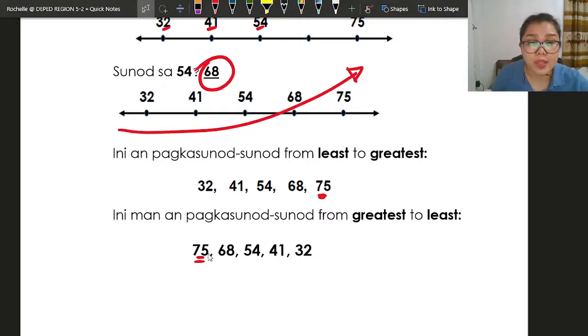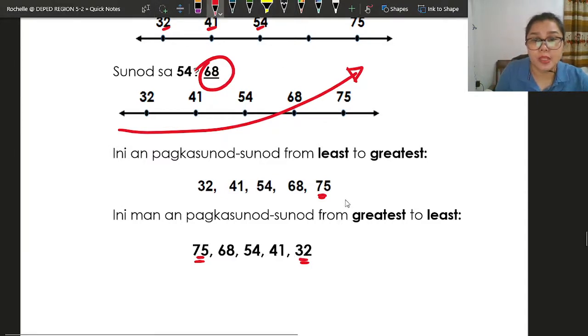So, 75, 68, 54, 41, 32. So, this time, 32 naman ang nasa hulihan kasi we follow the order greatest to least. So, yan ang pagkakaiba ng least to greatest and greatest to least.